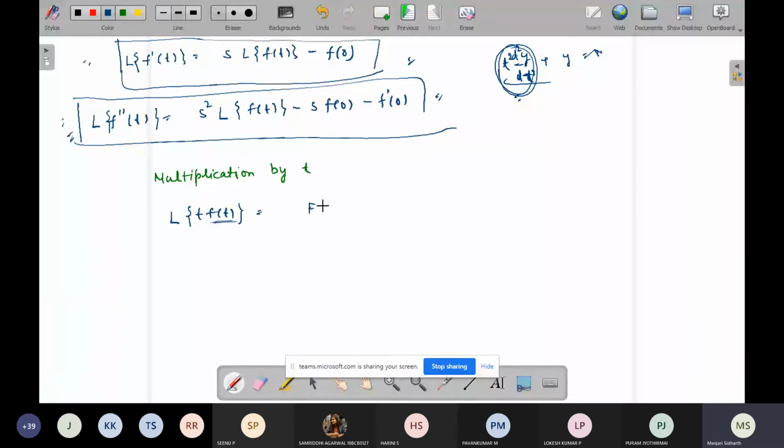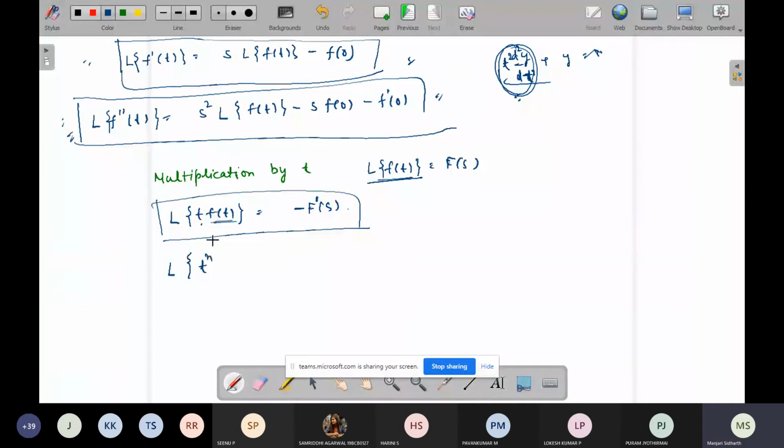And if it is multiplied by t, take minus and take its derivative. It is understood that we have the Laplace transformation of f of t as F of s. It is known to us, then this. Now, writing the generalized formula for t power n: minus 1 power n. If it is a square, that means minus 1 square, a positive value you will get. And then the n-th derivative of F of s. The formulas I am writing here are very important.